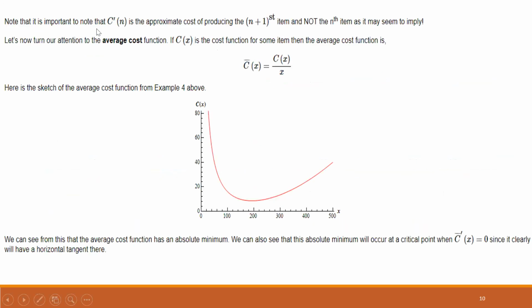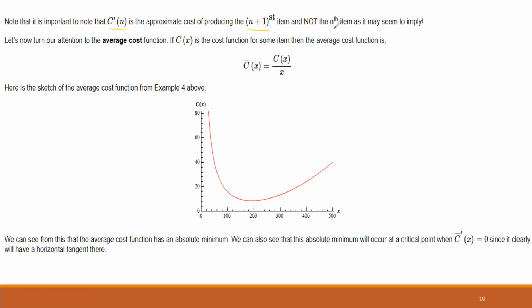It is important to note that the first derivative, right? This is your first derivative of your cost function at n, is the approximate cost of producing the (n plus 1)th item, and not the nth item as it may seem to imply.